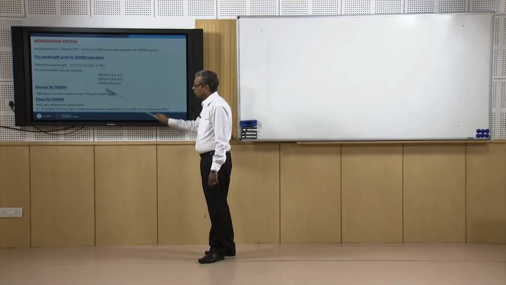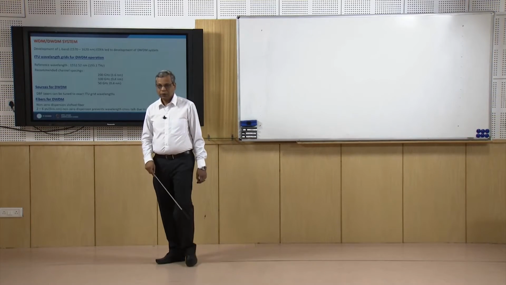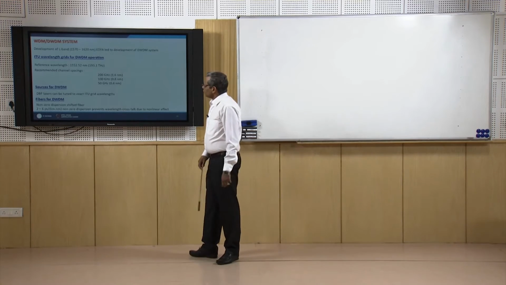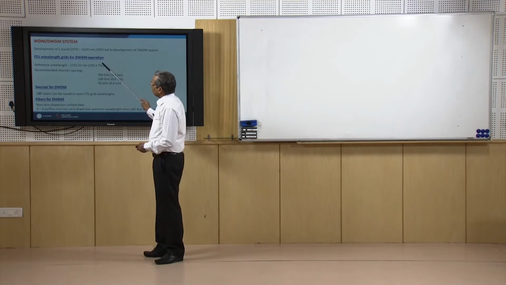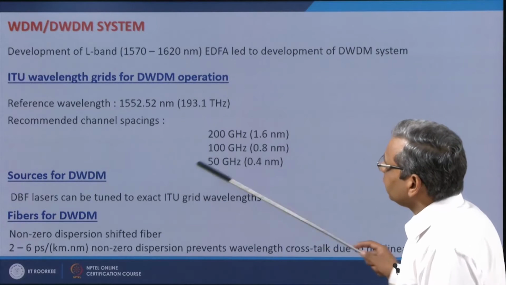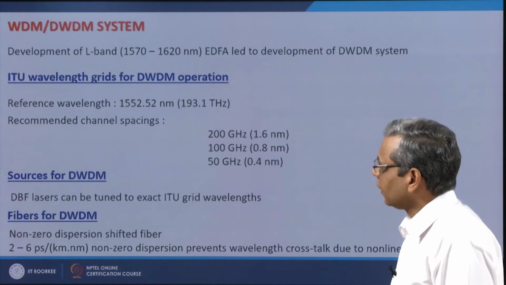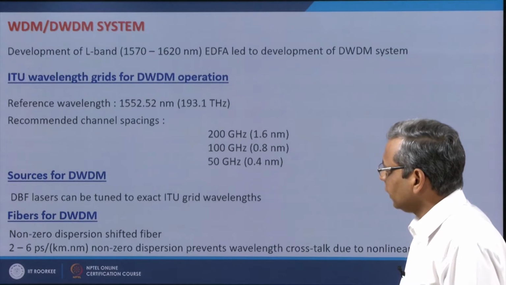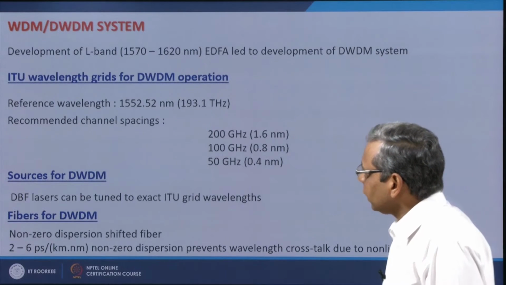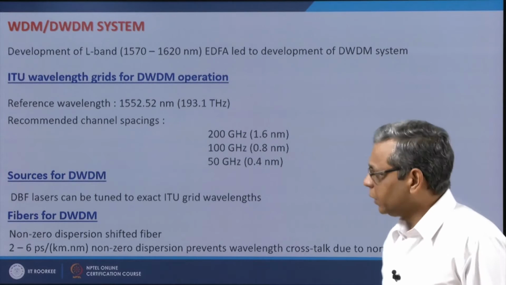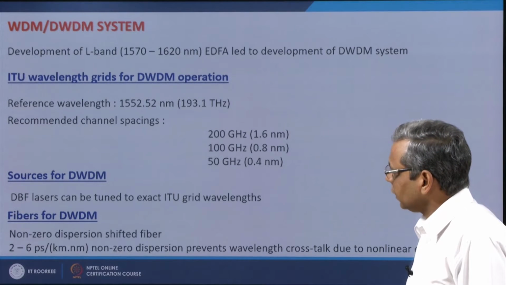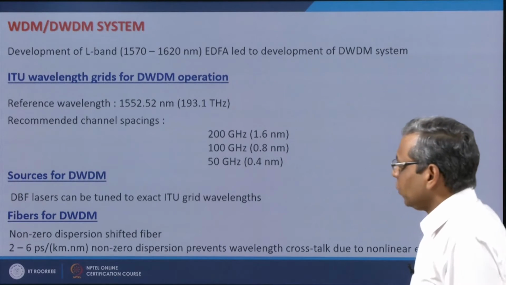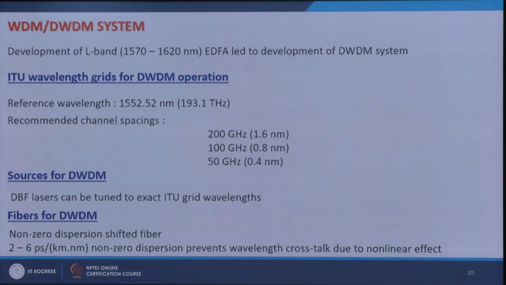These conversions are based on reference wavelength of 1550 nanometer. So, you have ITU recommended wavelength grid to keep the standards, and now there are sources for DWDM system where you have DFB lasers which can be tuned to exact ITU grid wavelengths.